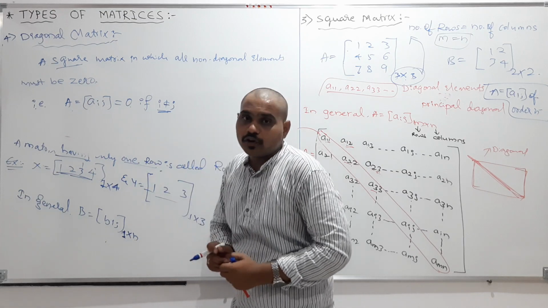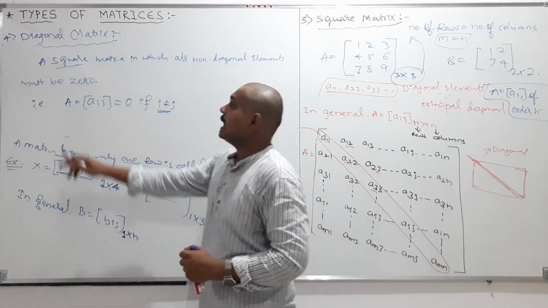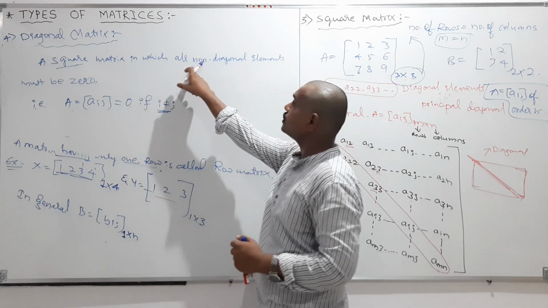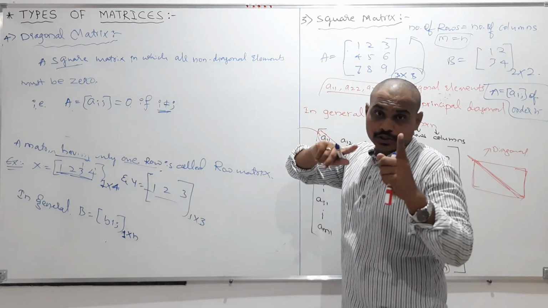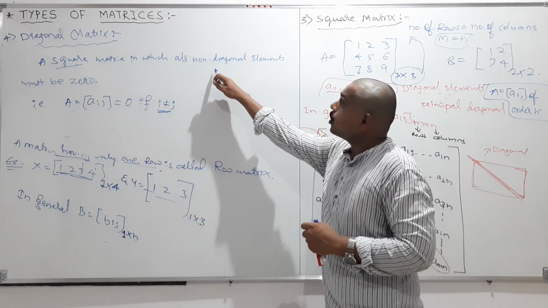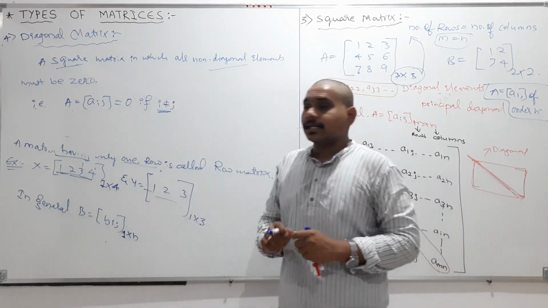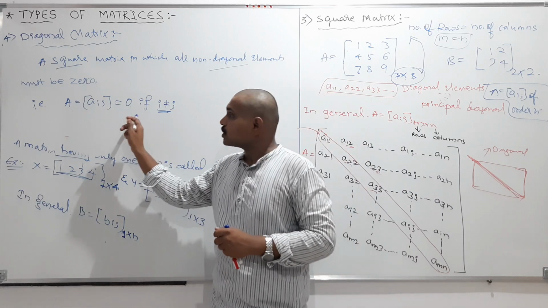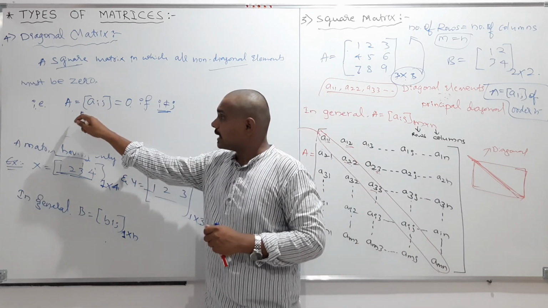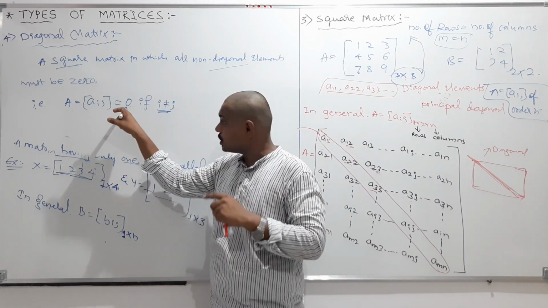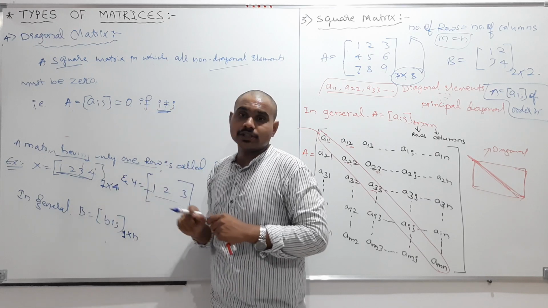So, my dear students, the definition is: a square matrix in which all non-diagonal elements must be 0. Such a matrix we call a diagonal matrix, and in notation we write A = [Aij], with Aij equals 0 if i is not equal to j.